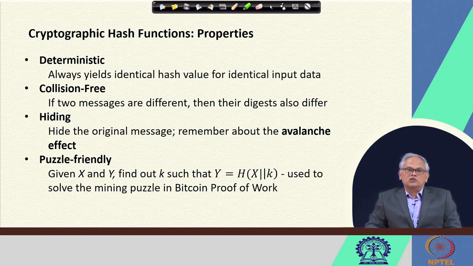The fourth important property is what is called puzzle friendliness. Given x and y, that is two strings, of which x is a message and y is the output of a hash function, we would like to find a k such that y is the hash of x concatenated with k. That is, can we determine a k so that the hash of x concatenated with k generates a y, and this y has certain properties that need to be satisfied.